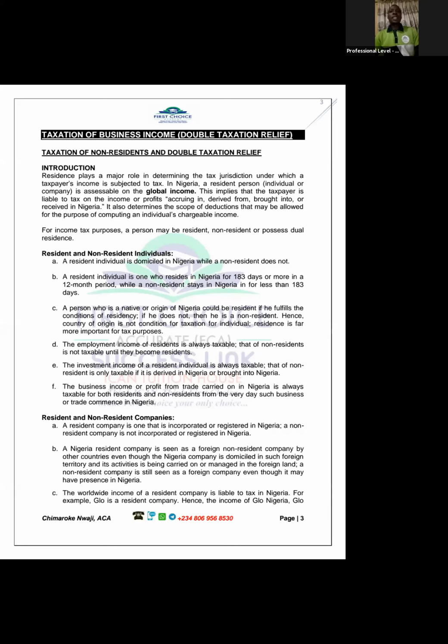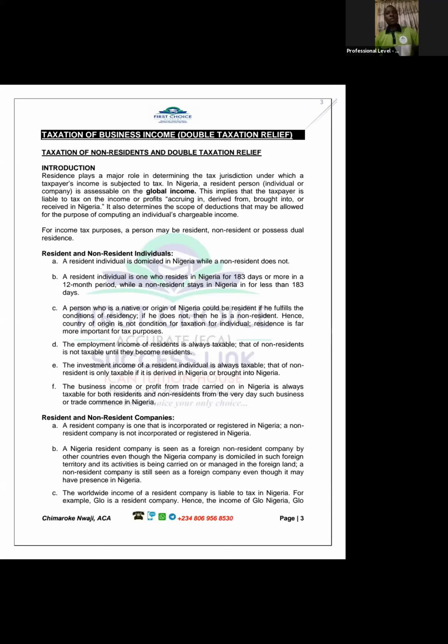That being said, if MTN is also giving its own account, it is going to consolidate everything it's making and send to South Africa. And so the only tax that MTN will suffer in Nigeria is the one that they derive from Nigeria.